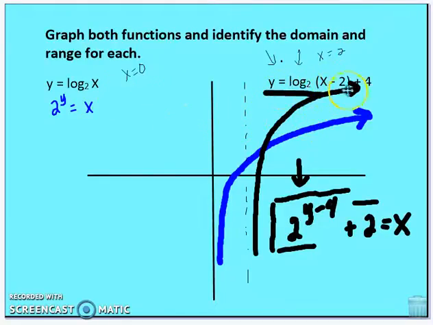All right, so now taking a look at the black function, you can see we've shifted the graph over 2 to the right. So now we know that x has to be greater than 2. That's our domain. And then y remains all real numbers. So just a quick look at a couple of translated log functions, inverse log functions, and then the relative domain and range for both the parent and the translated log function.